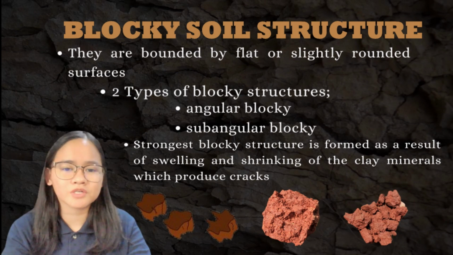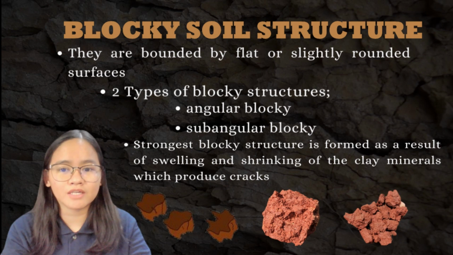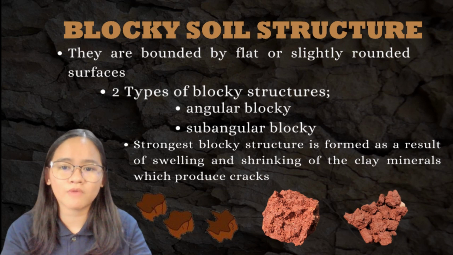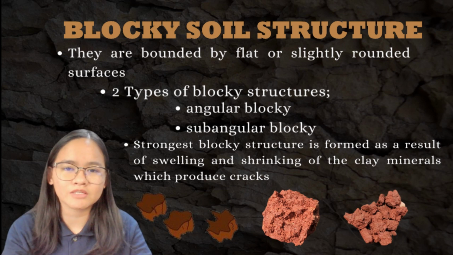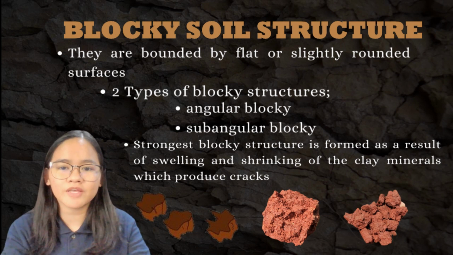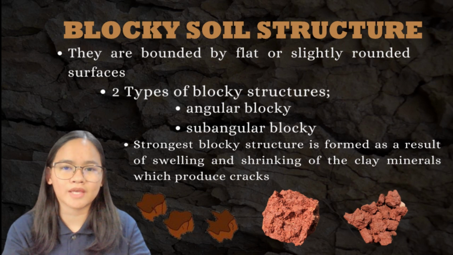So blocky structures are common in subsoil but also occur in surface soil that has a high clay content. The strongest blocky structure is formed as a result of swelling and shrinking of the clay minerals which produce cracks. Sometimes, the surface of dried up sloughs and ponds shows characteristic cracking and peeling due to clays.